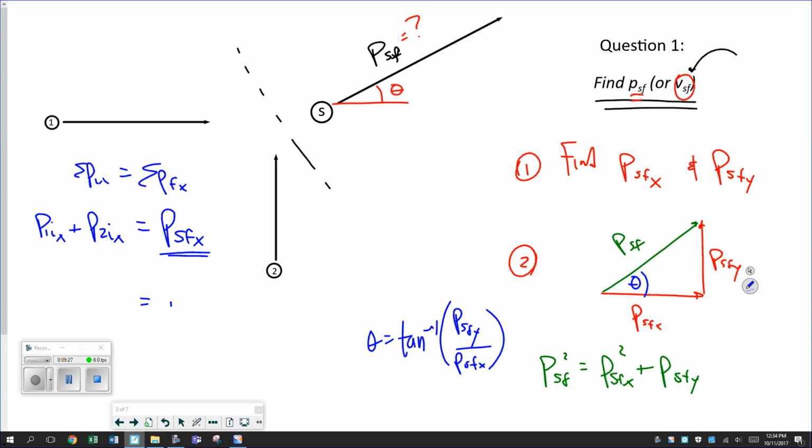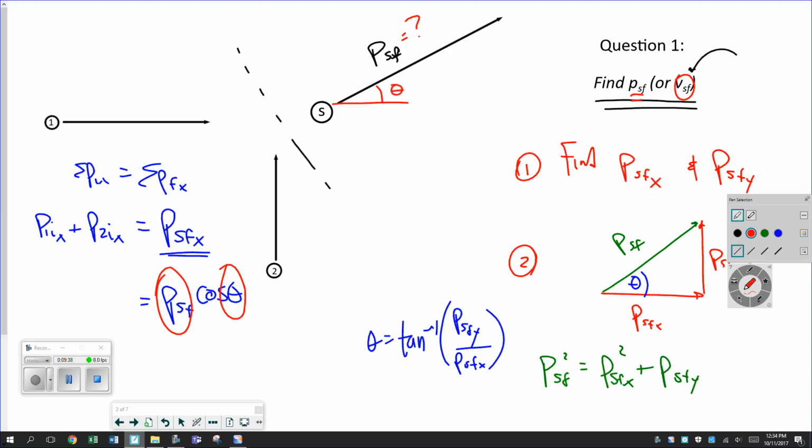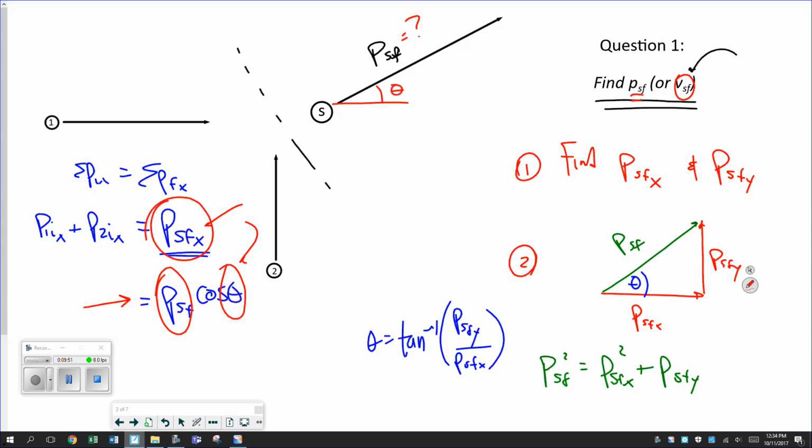It would not help us to write P sys final cosine theta, because this number and this angle are both things you don't know. You can't write the x component in terms of the whole vector and the angle. So if you're asked to find the whole vector, don't do the trig. Just leave it in terms of the components.